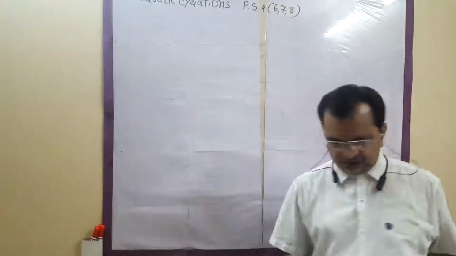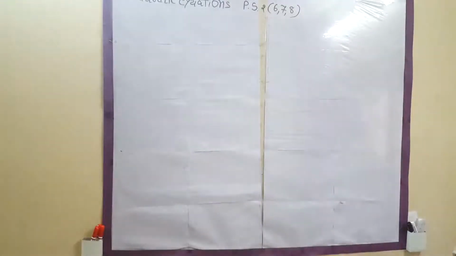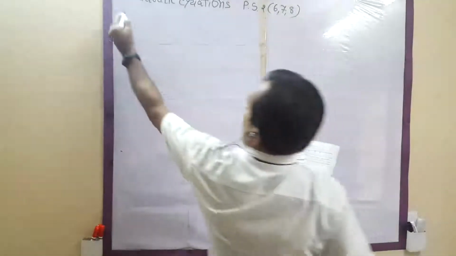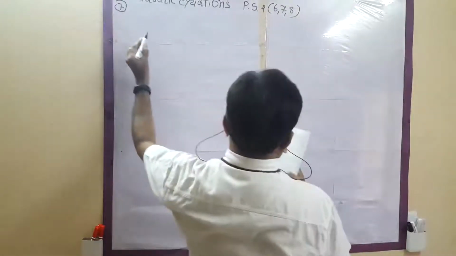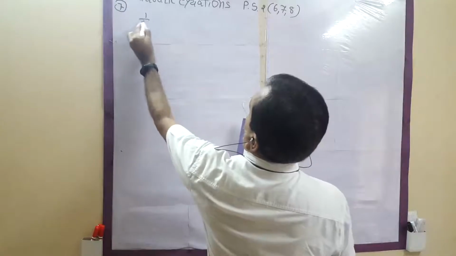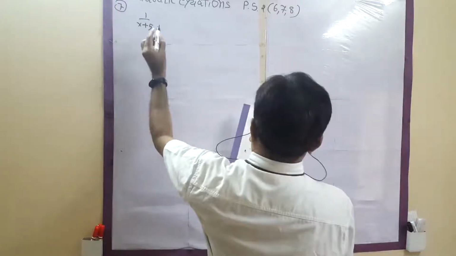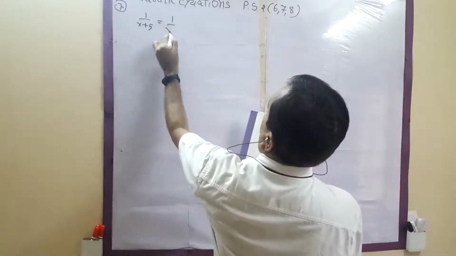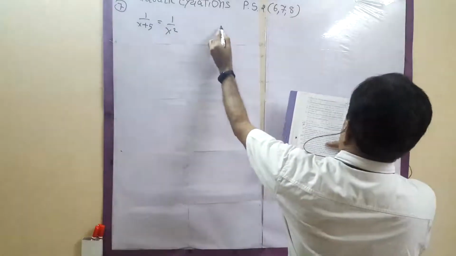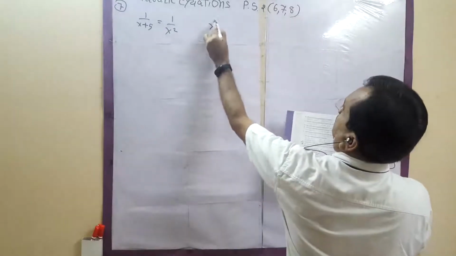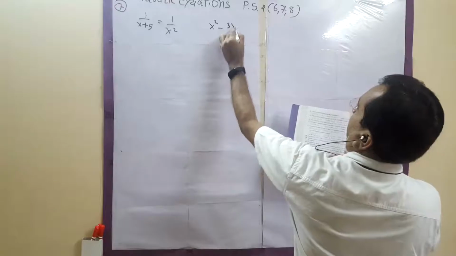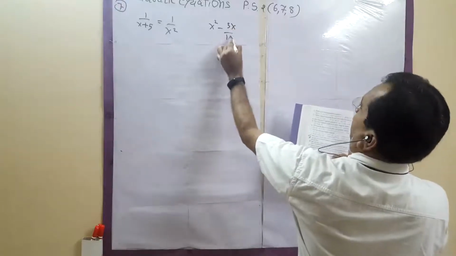Solve the quadratic equation. Seventh: 1 by x plus 5 is equal to 1 by x square, x square minus 3x by 10.